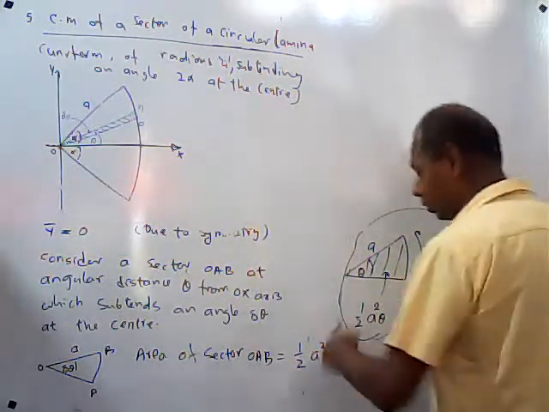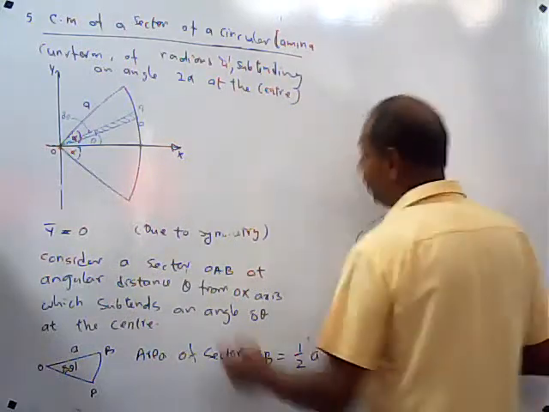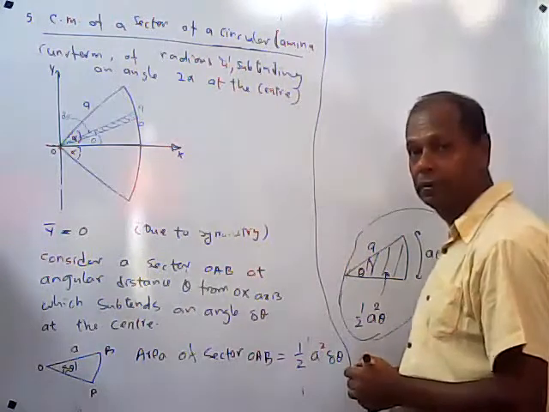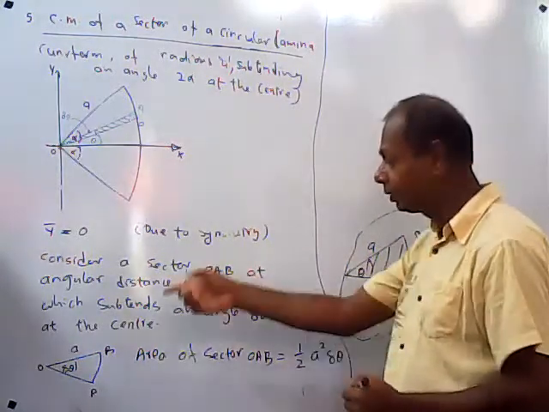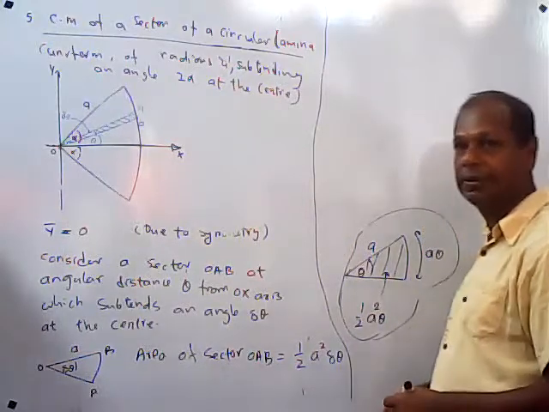Okay, before that we will convert this into the mass. To get the mass, what do we need? To convert this into the mass of the sector, you have to multiply this by the surface density, say sigma.